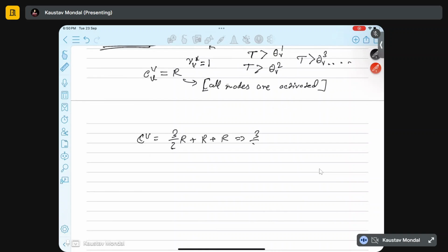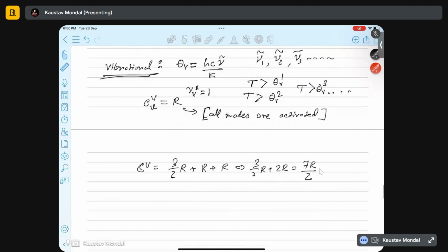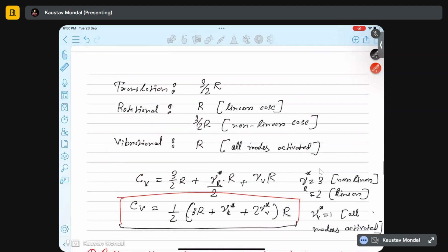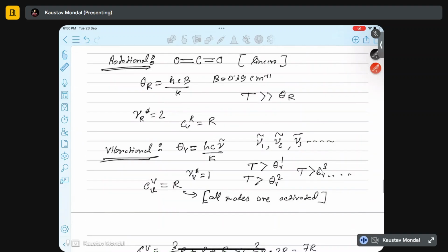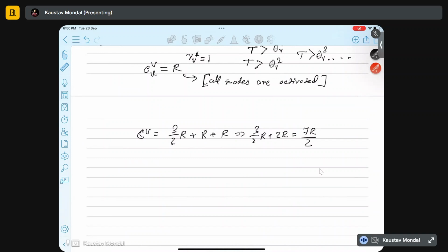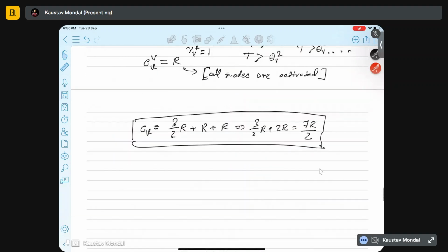So 3 by 2 R plus 2 R, 7 R by 2. C_V value would be 7 R by 2, the total specific heat at constant volume. Yeah, the V should be a subscript, not a suffix. Okay, so we got the specific heat.